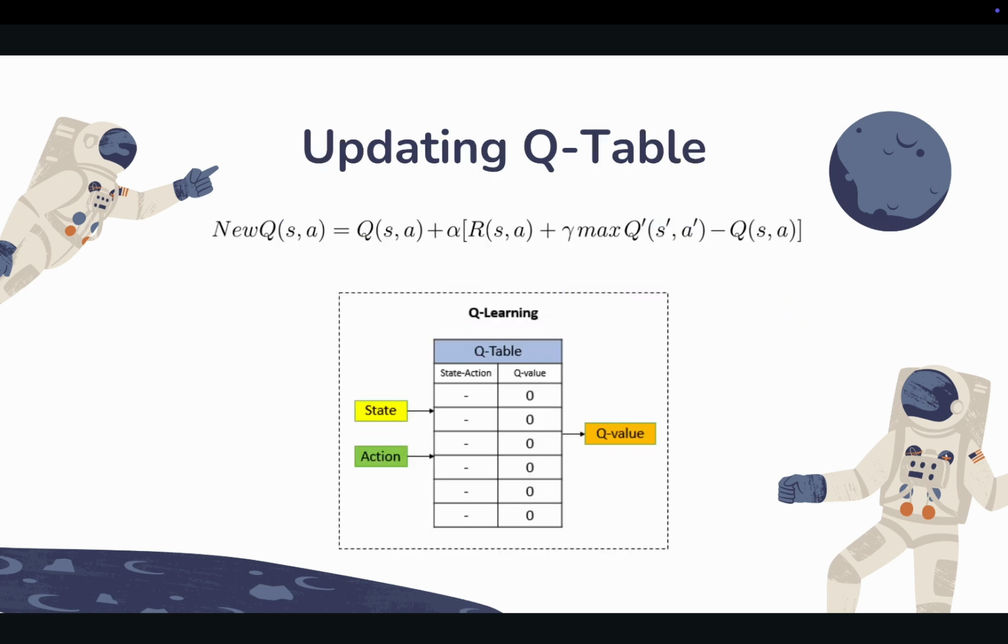The Q value represents the expected future rewards an agent can receive. To keep track of this value, we use a Q table, which is a table that maps state and action pairs to their Q values. The Q value is updated using this equation.